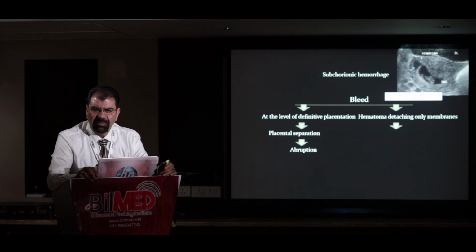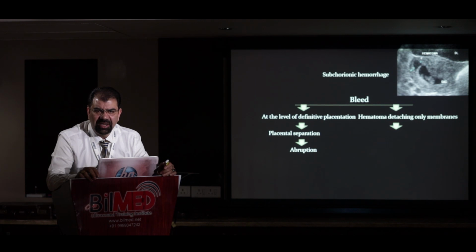It automatically means that I am dealing with the chorion frondosum, which is nothing but the developing placenta. And any hematoma at that point will be labeled as a hematoma at the level of placentation. This is a very important point.